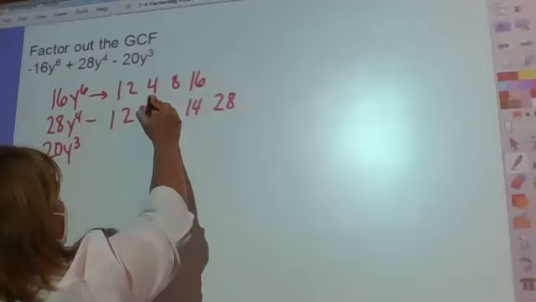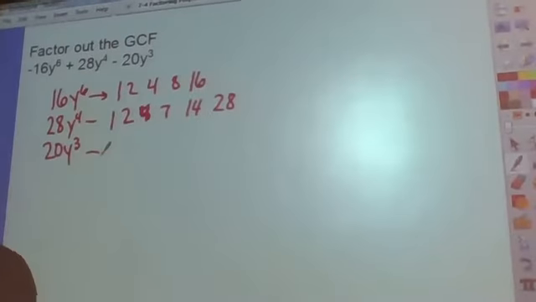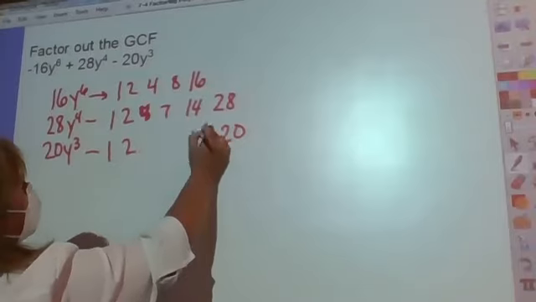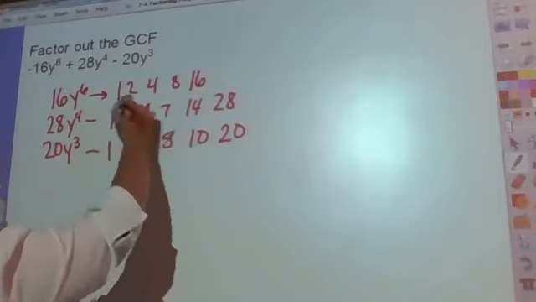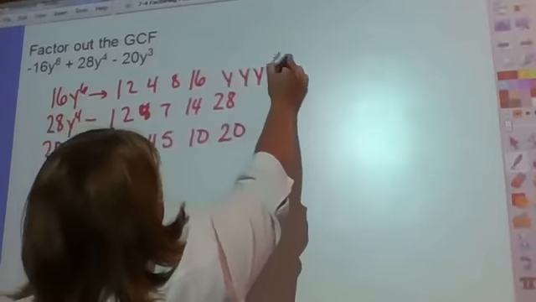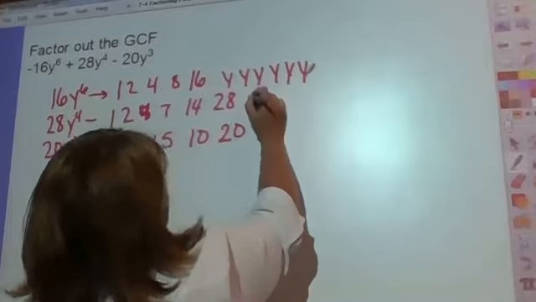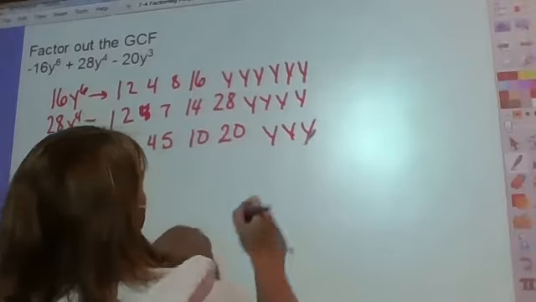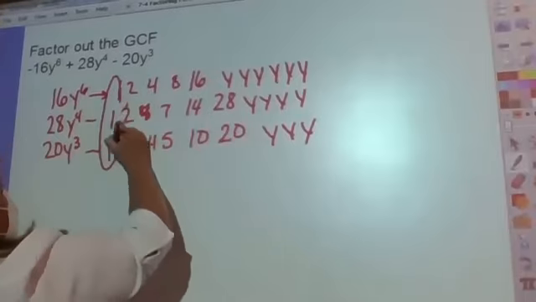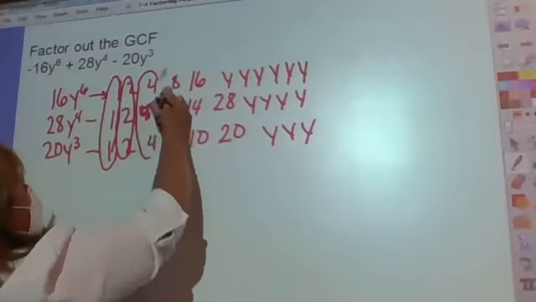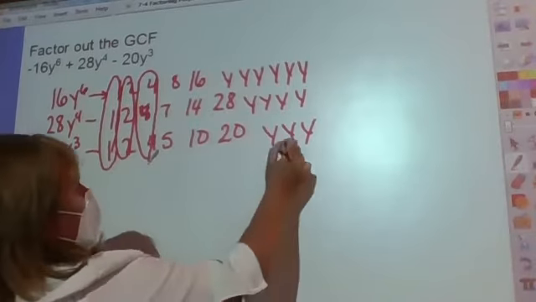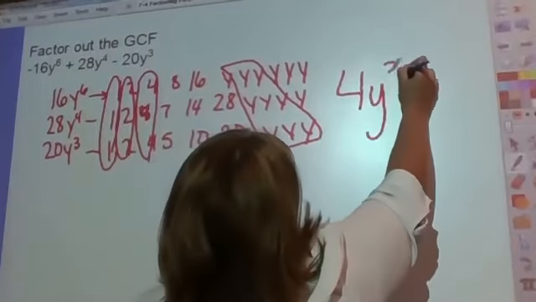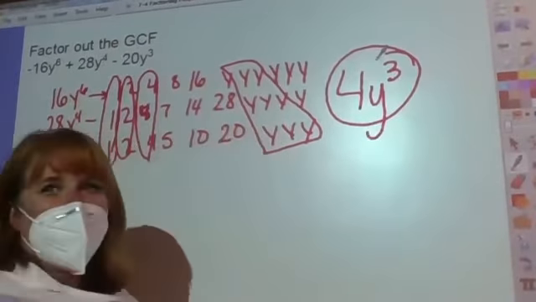And 20 is 1 times 20, 2 times 10, 4 times 5. This one has 6 y's, this one has 4 y's, and this one has 3 y's. So the biggest number in common is 4, and then y to the 3rd power. So 4y to the 3rd power is my greatest common factor.